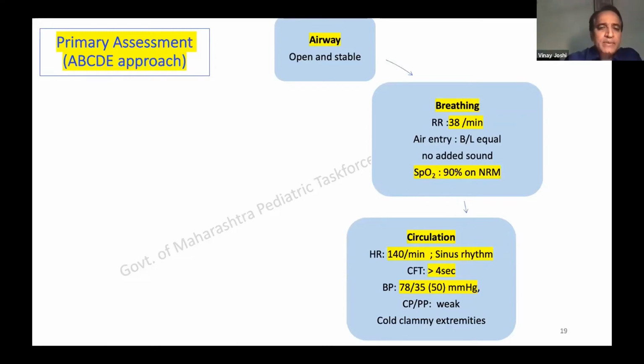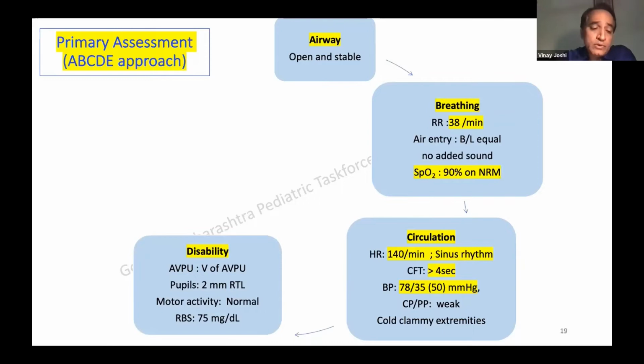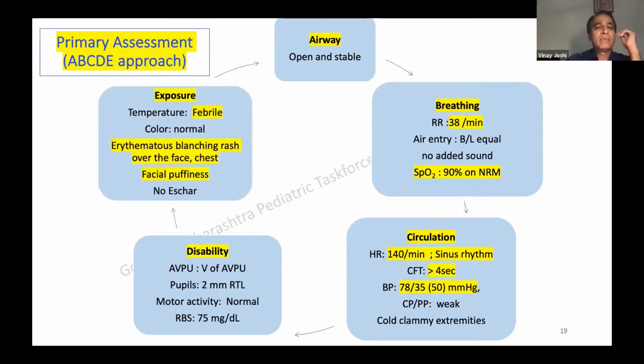Coming to the next step, that is disability. The child was neurologically conscious but responding to verbal stimuli. Pupils reacting to light, normal in size, motor activity is normal, and the sugars were normal. Child was febrile, had erythematous blanching rash over the face, chest and back, and there was some facial puffiness noted.